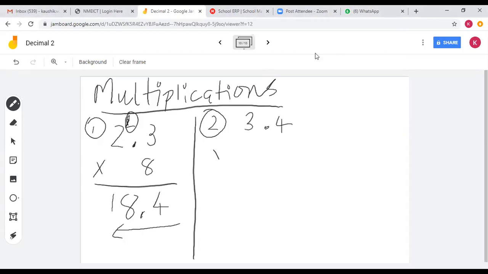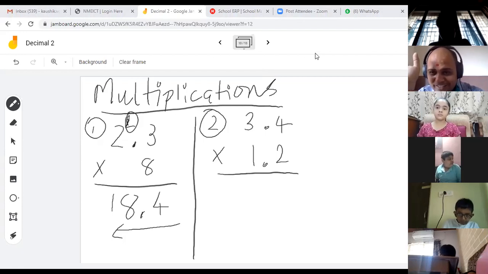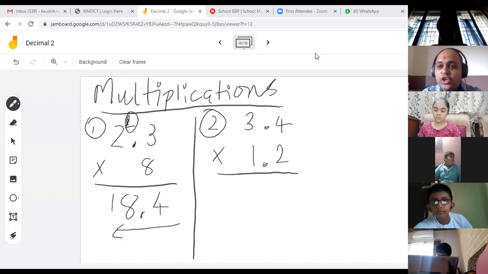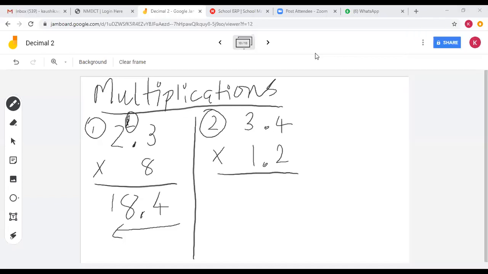3.4 into 1. Now here, forget the decimal point and do the multiplication as such. Do the multiplication as routine. You can use the box method, lattice method, or simple multiplication only, where 2 4s are 8, 2 3s are 6.